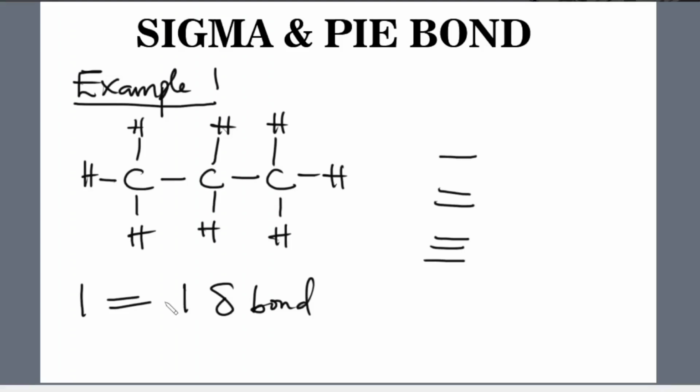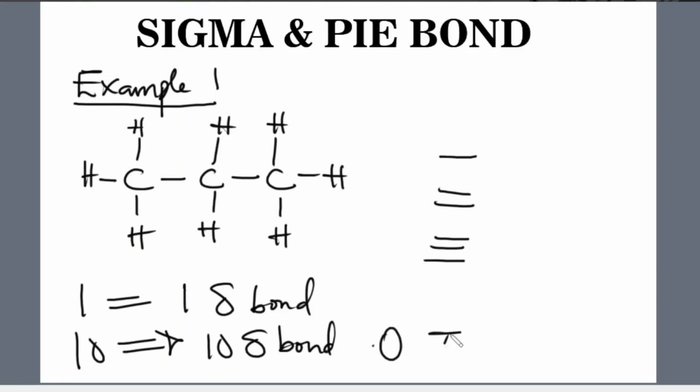So since we have 10 single bonds, that means we have 10 sigma bonds and 0 pi bonds. So there are 10 sigma bonds in this compound and there are no pi bonds in this compound.